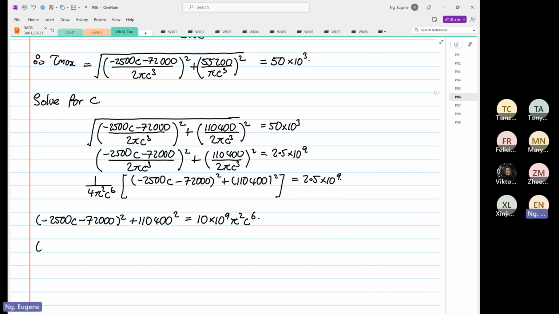And then when we expand the term, you get 6.25 times 10 to the power 6 C squared plus 360 times 10 to the power 6 C plus 5.184 times 10 to the power 9, and then plus 12.18816 times 10 to the power 9, and then this is 10 times 10 to the power 9 pi squared C to the 6.